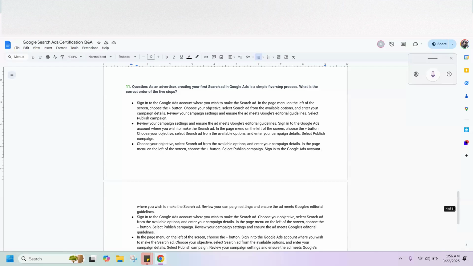My God, 5-step process. What is it? Sign into Google, then the page on the left shows your objective, select a relevant option, and campaign.